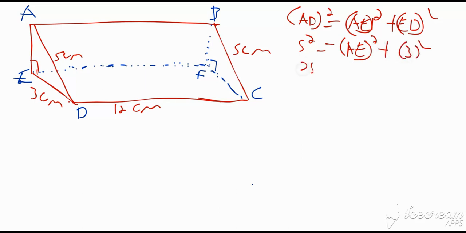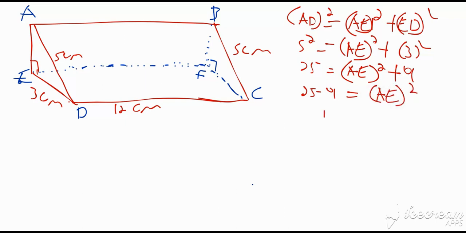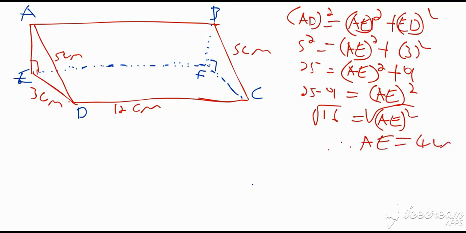So we have 25 equal AE squared plus 9. And of course, we transpose this, so we carry over the 9. So I'm going to have 25 minus 9 equal AE squared. So 16 is equal to AE squared. So we square root both sides, which means that therefore AE is equal to 4 centimeters. So right here, the perpendicular height is 4 centimeters.